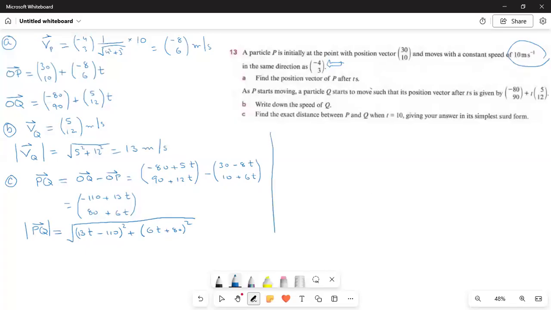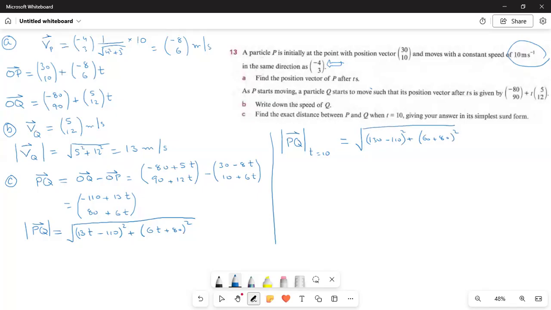Now they ask us to find the distance when t is 10. So we want to find the PQ vector's magnitude when t is 10. So I will substitute 10 in here. So it will be the square root of (130 - 110) squared plus (60 + 80) squared.